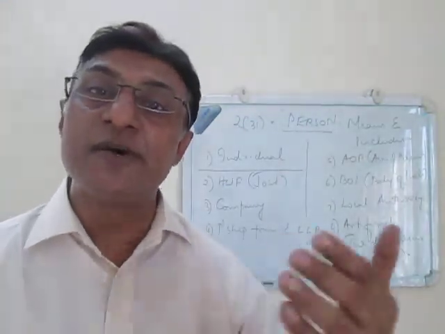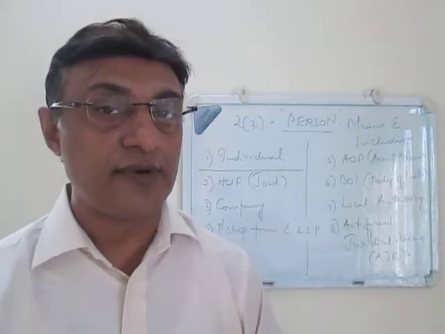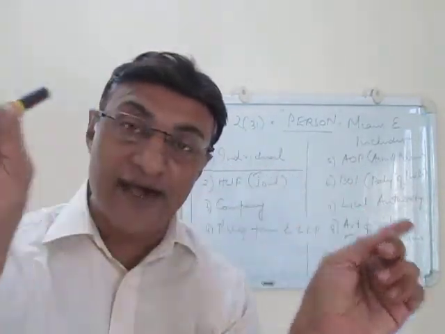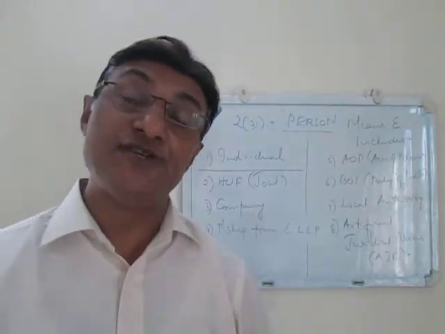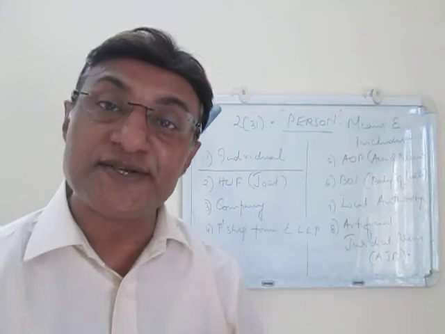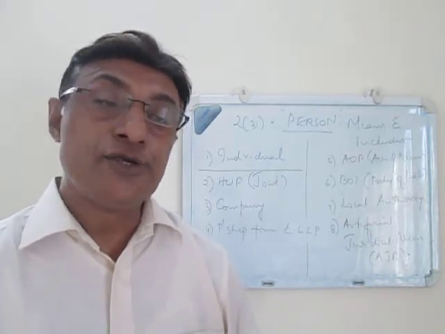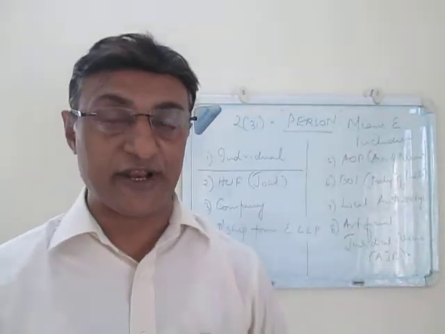I will be using the term hereafter. I will take the liberty of using the word person very often. And when I use the word person, you will imagine the entire rainbow, starting from the individual up to the AJP. My rainbow has 8 banks. So it is the individual. You will see that each of them is relevant for different provisions of the Income Tax Act.